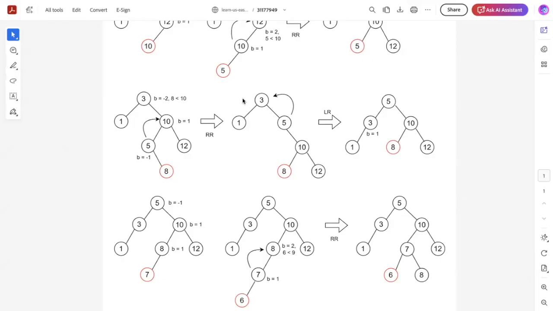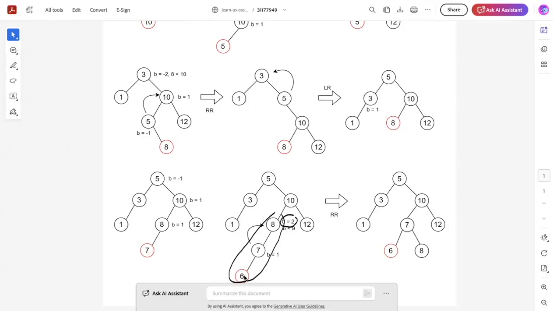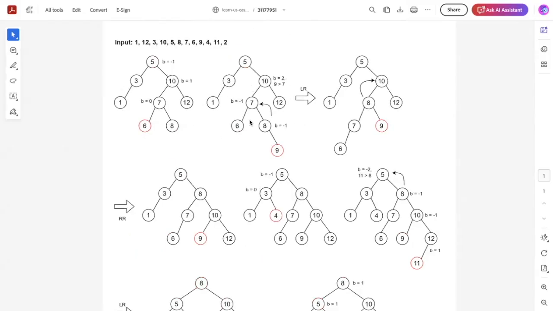The next node is 7. When 7 comes in, it's still within balance. When 6 comes in and it is off balance, the first node that's off balance is 2. You look at the 3 consecutive nodes on the path where the node is inserted. They are in the same direction, so you just need one rotation to restore the tree balance.